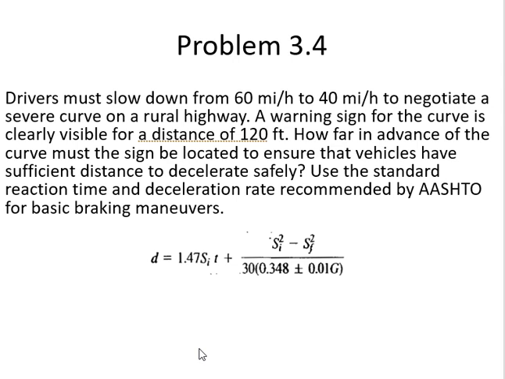Before the curve. Now they know the design of the sign, how high is it, how big is it, and according to that design, any driver who is eligible for driving can see the sign from at least 120 feet.